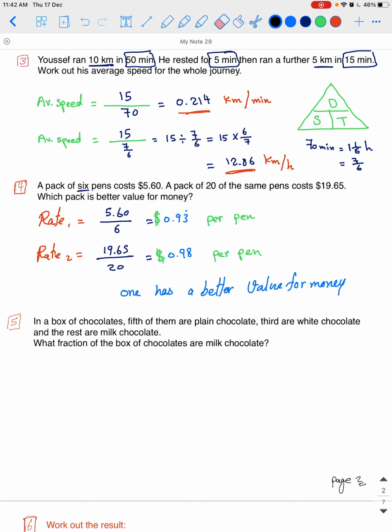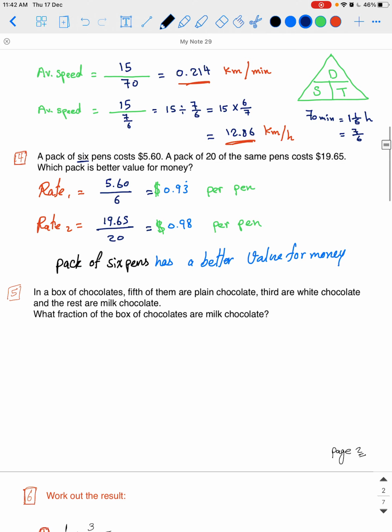It's a pack of 6, okay? Has a better value for money because it's cheaper, okay? Understand? Okay, let's complete the next one.